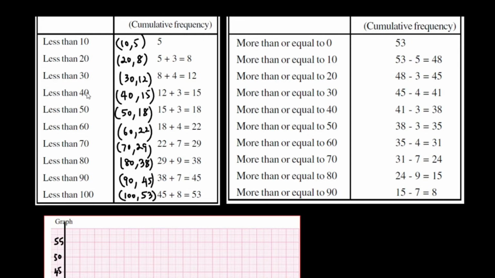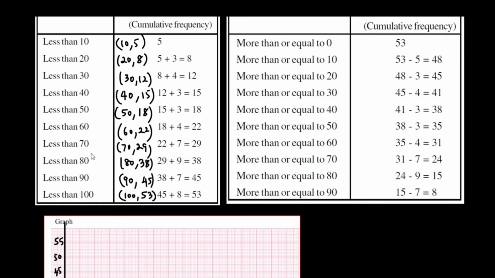Using the less than ogive curve or the more than ogive curve, we can find the median value. We can use both these ogive curves and then find the median value also.